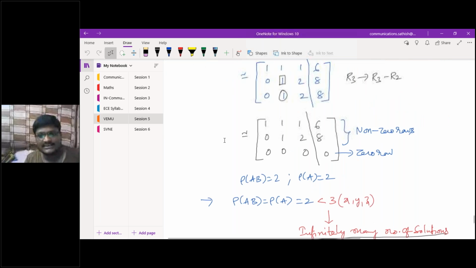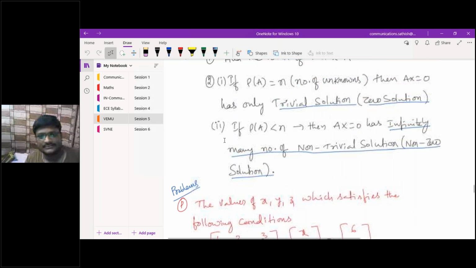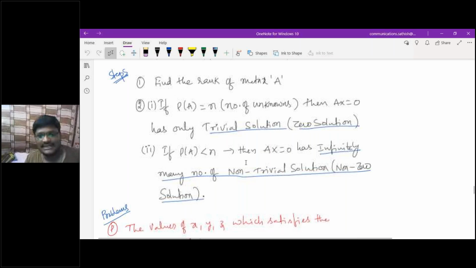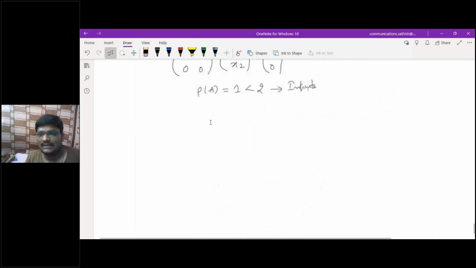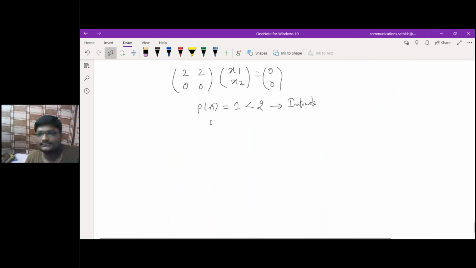As in the previous session, this gives infinitely many non-trivial solutions, that is, non-zero solutions.